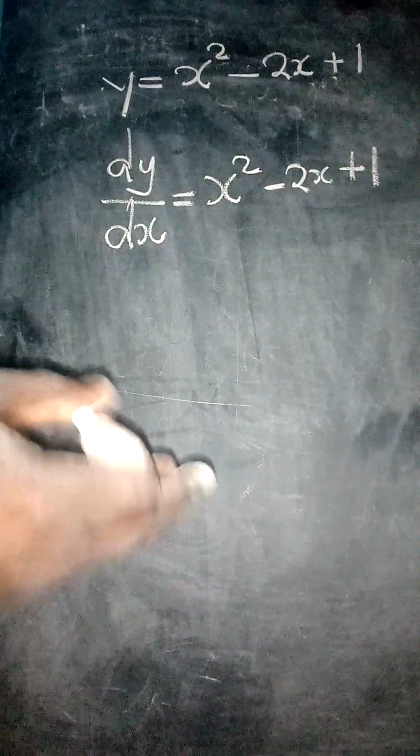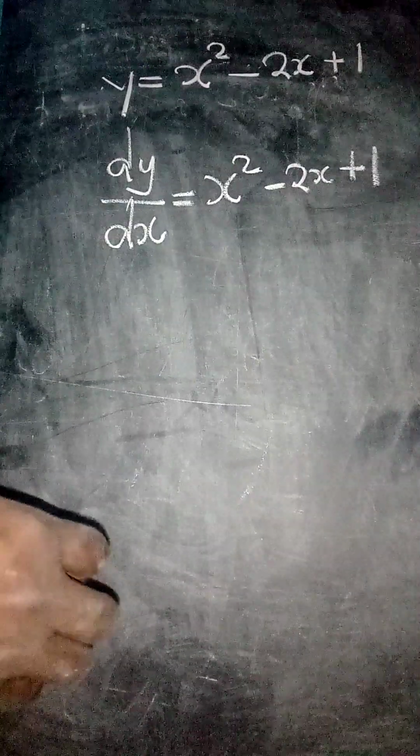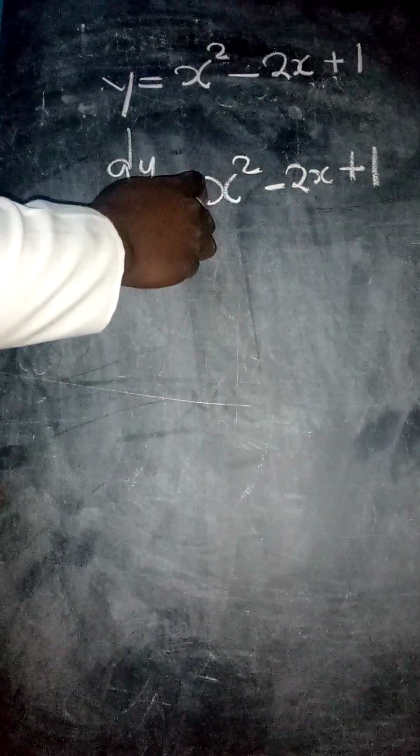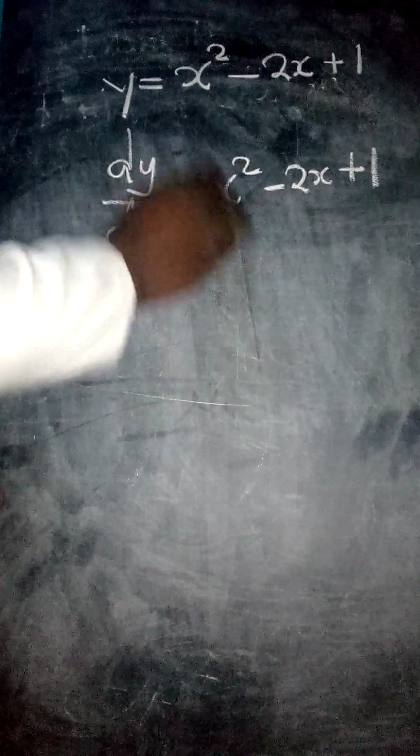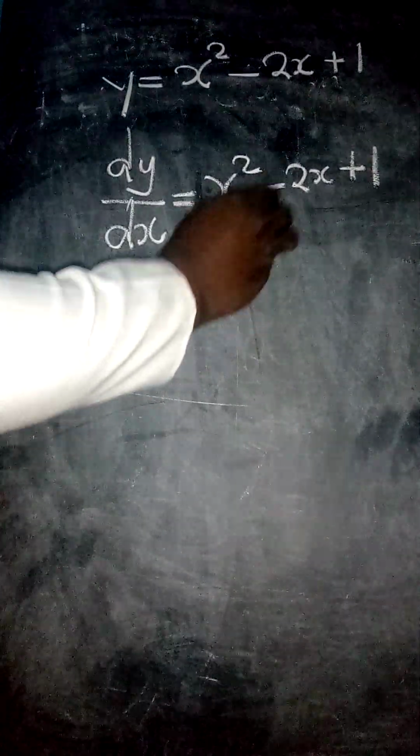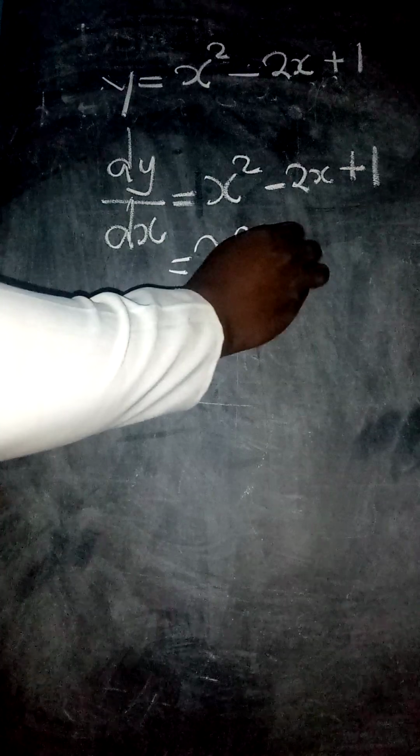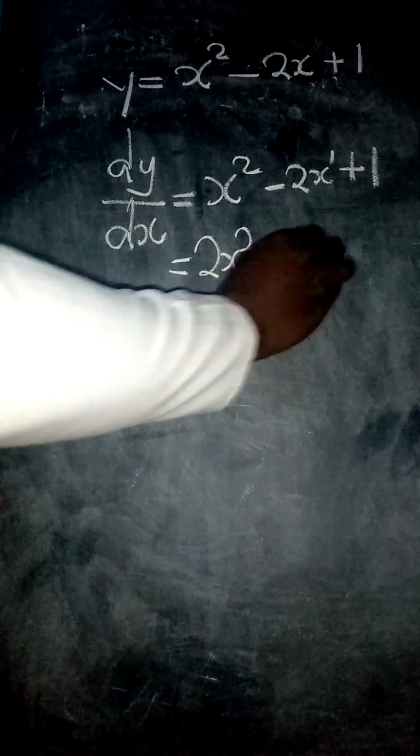From there, what next now? You use the three rules which we apply when you're using differentiation calculus. So you say 2 times 1. If there is nothing here, it simply means there's a coefficient. The coefficient of x is 1 there. So 2 times 1 is 2x. Minus, here there is nothing, it simply means there's a 1. 1 times 2, you say 2.